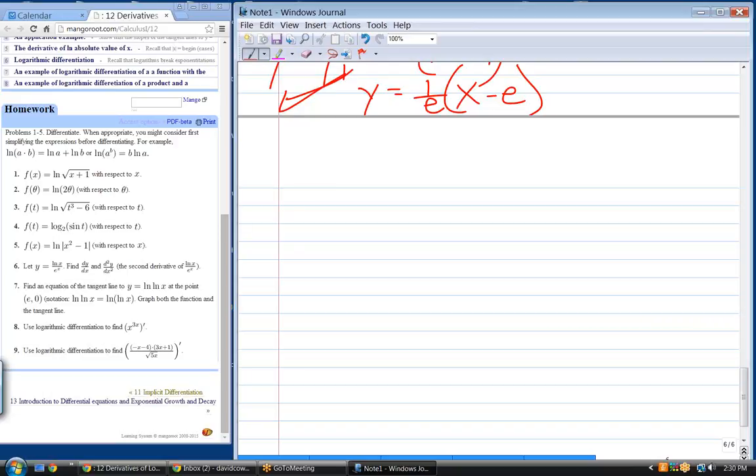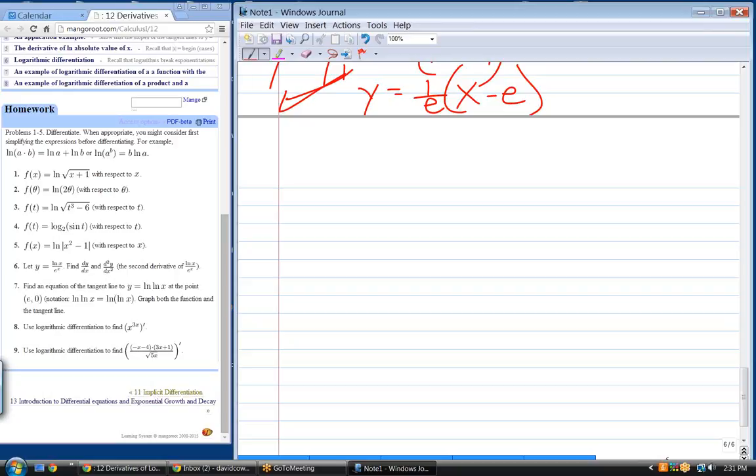Graph both the function and the tangent line. What kind of calculator do you have, Callie? I have a graphing calculator. What kind? The TI-84, 89, or an Inspire? I think it's the TI-84. Okay.